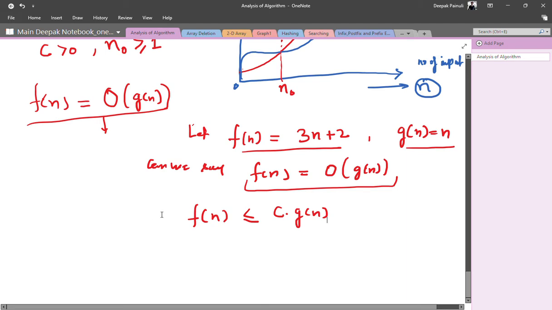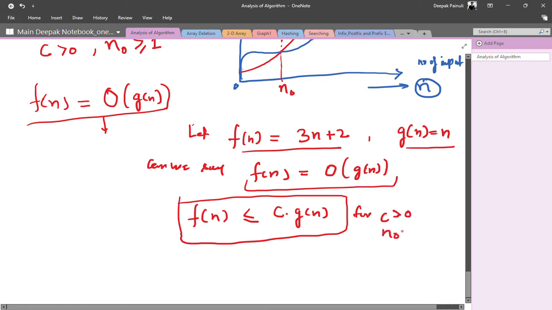This is the condition we have for big O notation, for c greater than 0 and n0 greater than 1, let's say.